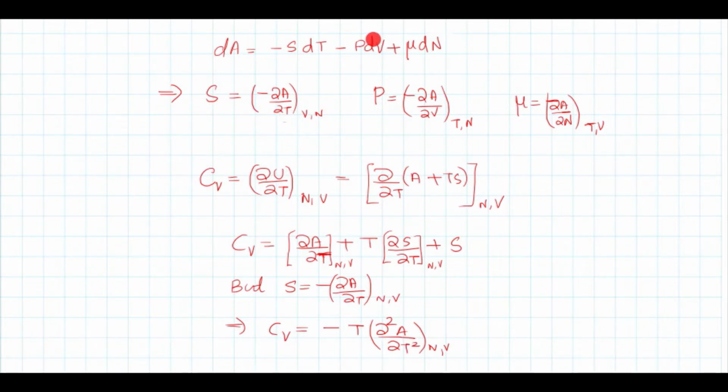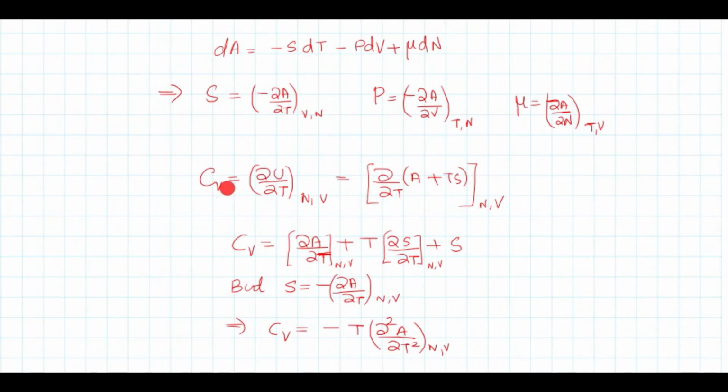In a similar manner, if you take a partial derivative with respect to volume, keeping T and N constant, you will get a pressure. And if you take a partial derivative with respect to N, keeping T and V fixed, you will get chemical potential mu. So once we have the value of Helmholtz free energy of a system, by taking partial derivatives with respect to T, V and N, you can find the values of entropy, pressure and chemical potential for a system in canonical ensemble.